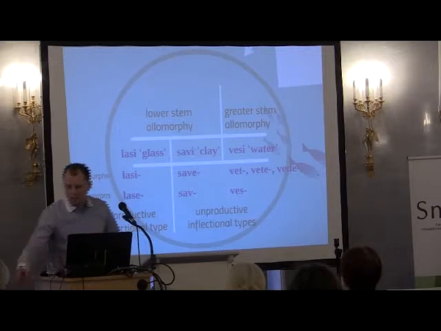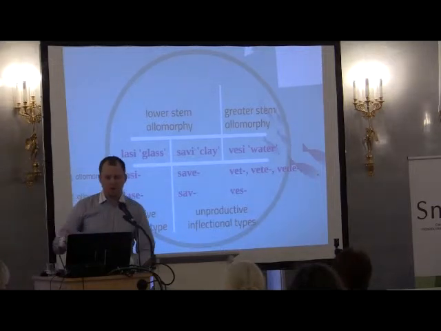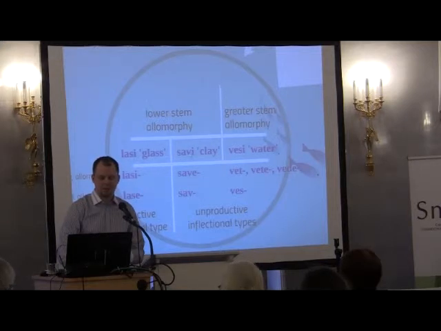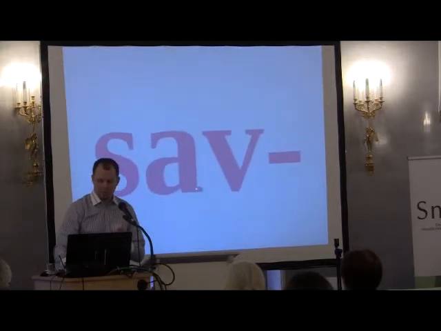We can call this paradigm semi-productive, but actually it's not semi-productive, it's unproductive. But there are exactly the same number of stem allomorphs as in the productive type. But we can explain the unproductivity of this type because of morphophonological variations in the paradigm.